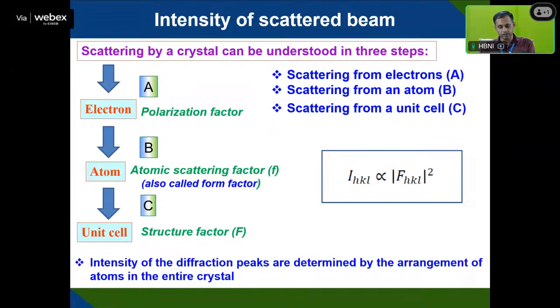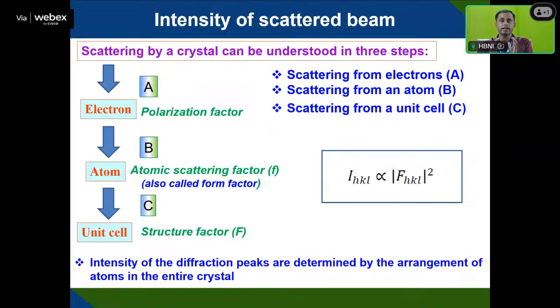Then the third thing that we get from XRD is from the peak intensity. The intensity mainly comes from three parameters. If you see a structure, for example FCC, BCC, or SC, in a crystal, the atoms are arranged in a proper way.